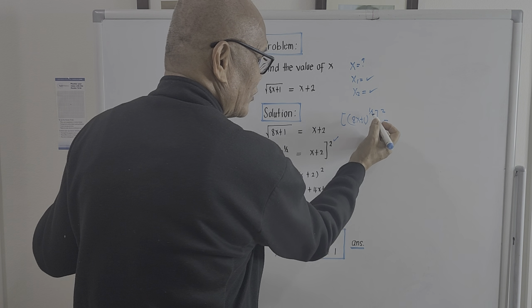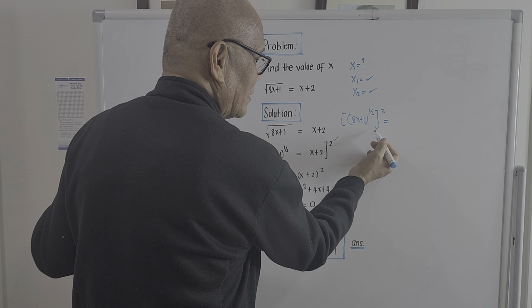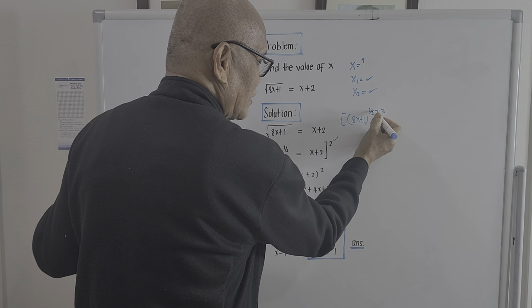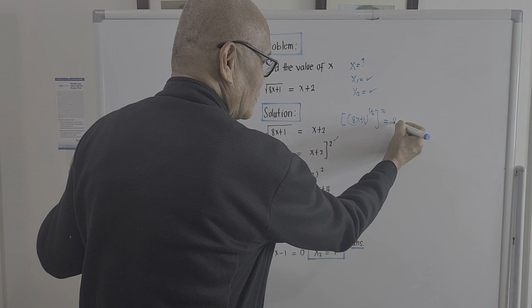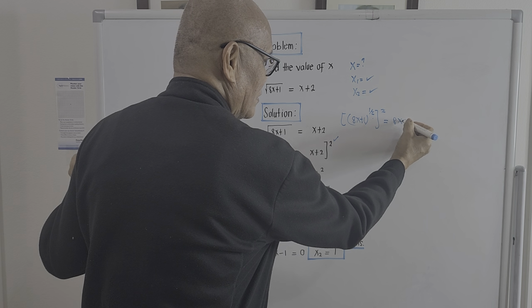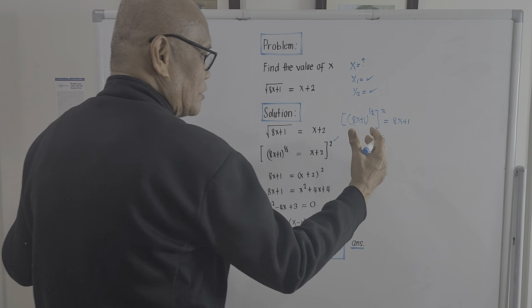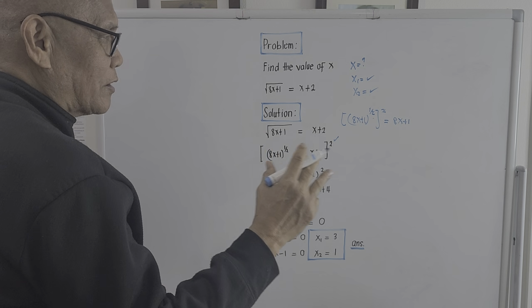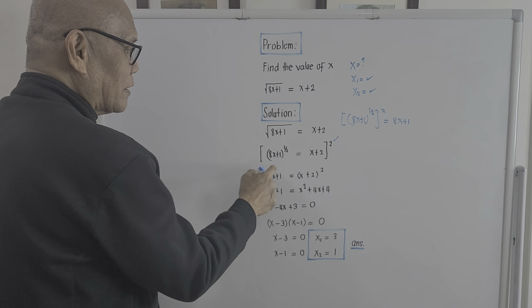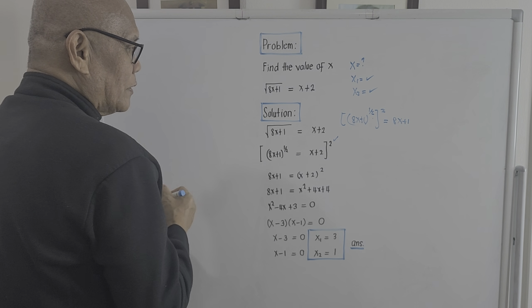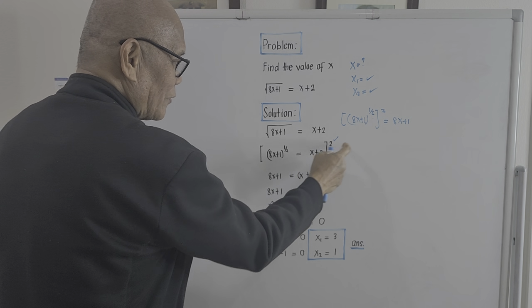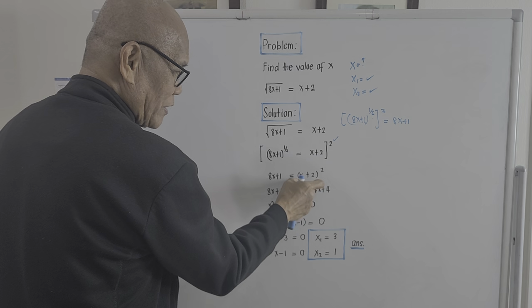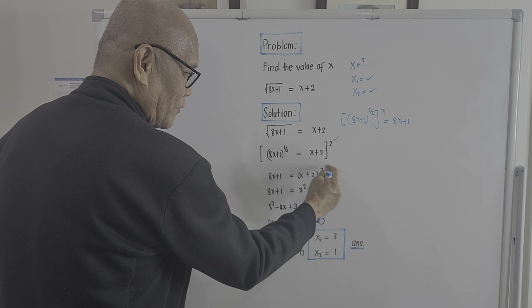We use the laws of exponent here. 1 half times 2, actually these two cancel, and what will come out will be simply 8x plus 1. So after the squaring of the left hand side, what will remain on the left will just be 8x plus 1. And for the right hand side, since this is also with the power 2, we will just put x plus 2 raised to the power 2.